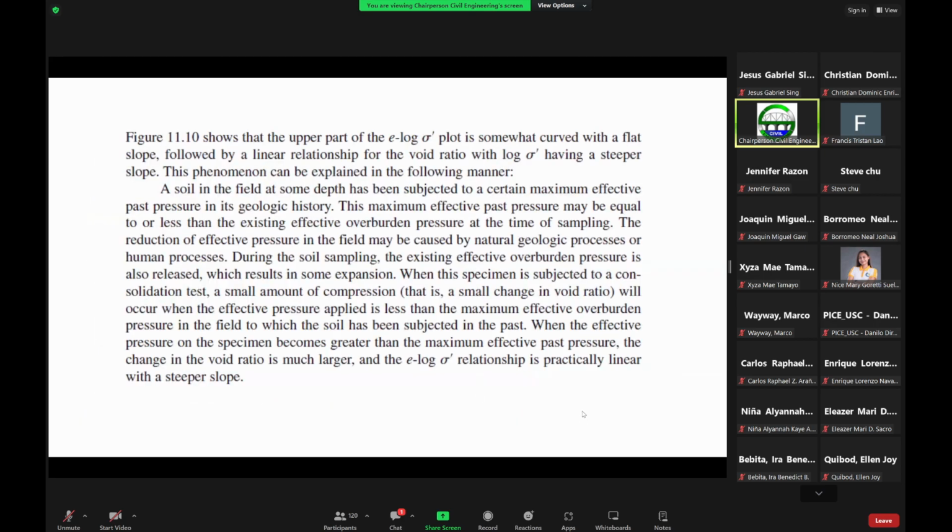Now, a soil in the field at some depth has been subjected to a certain maximum effective past pressure in its geologic history. This maximum effective past pressure may be equal to or less than the existing effective overburden pressure at the time of sampling, when we get the samples during the geotechnical investigation.